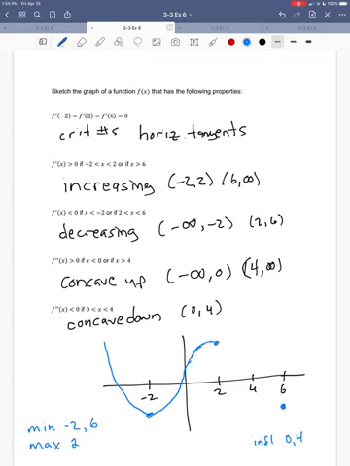We have another point of inflection at 4. So it stays concave down, but at 4 here it changes behavior and becomes concave up, and then it increases after 6. So my graph would look something like that. It wouldn't have to be exactly like this, but it would have to have those kinds of qualities and characteristics.